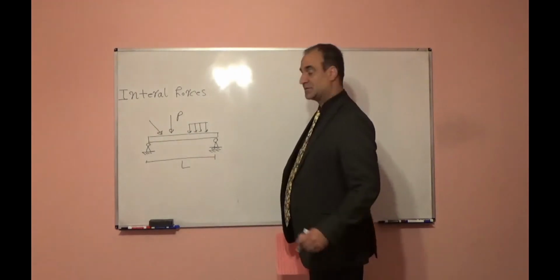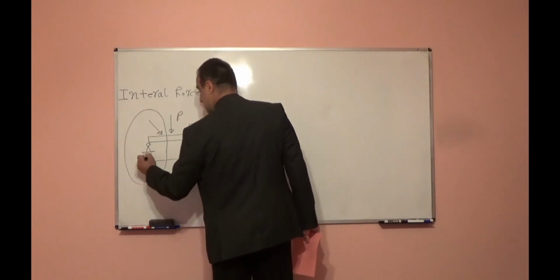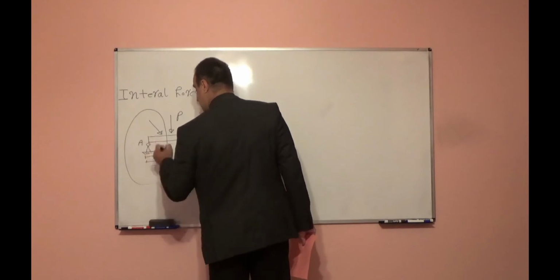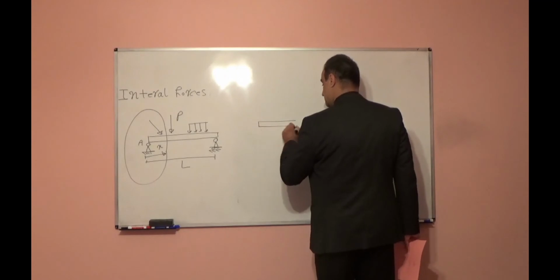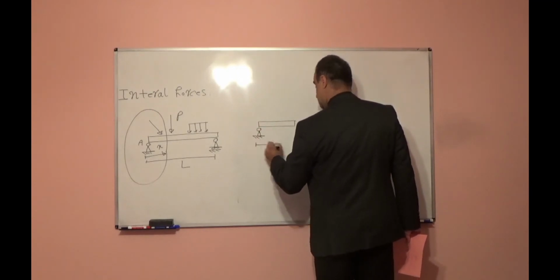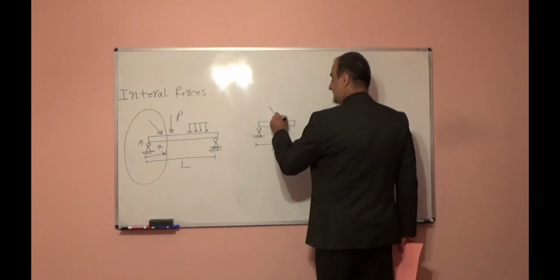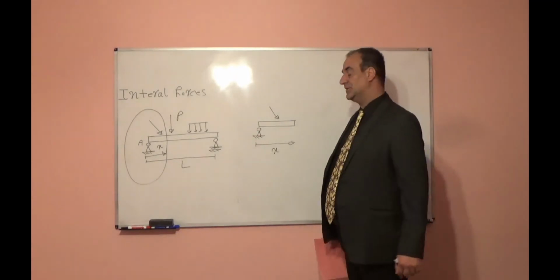If I cut the beam at a distance of x from point A, and I show the free body diagram for this part, now this part of the beam will not be in equilibrium.